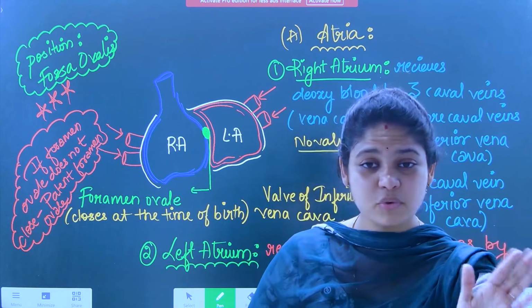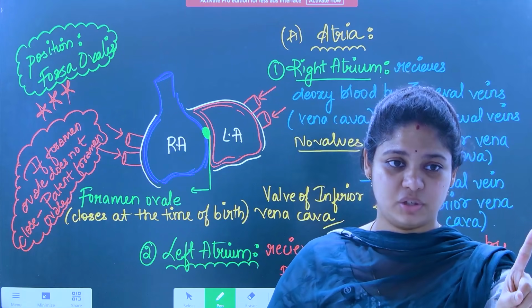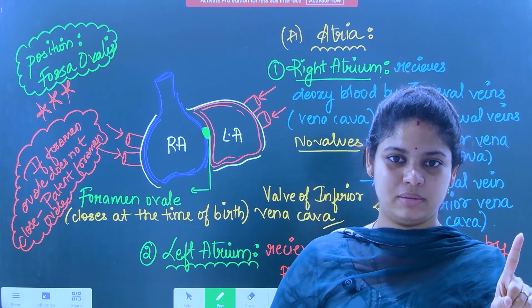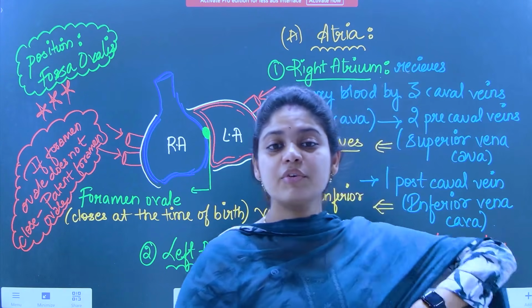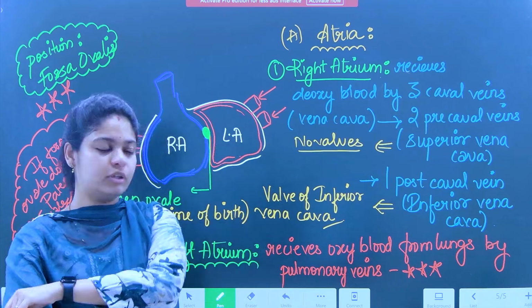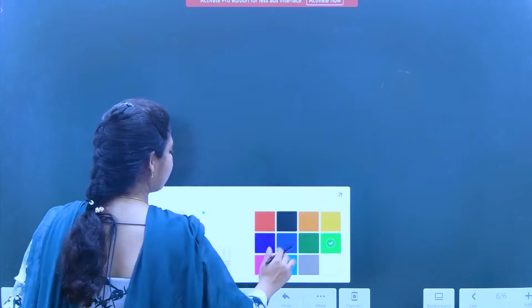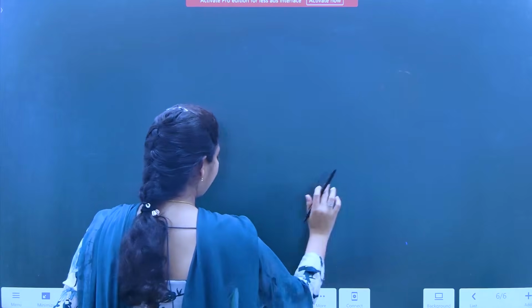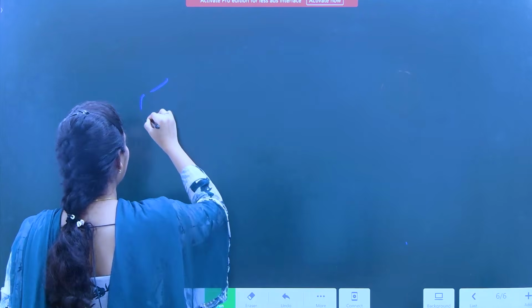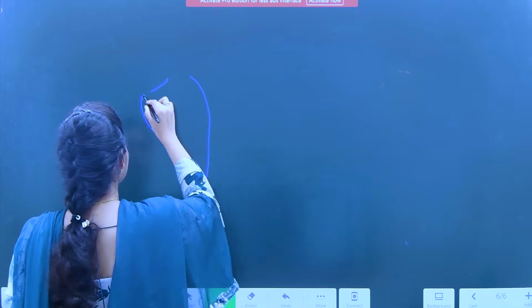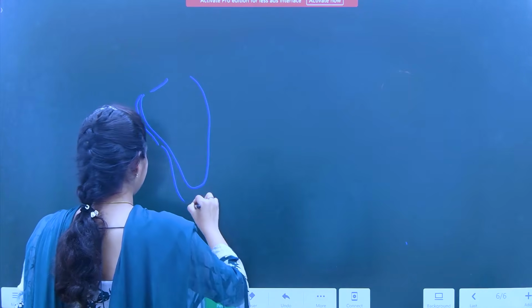The whole isn't fossa ovalis. It is only the position. The whole is foramen ovale, which usually closes at the time of birth. This was about the auricles. Now moving to the ventricles.